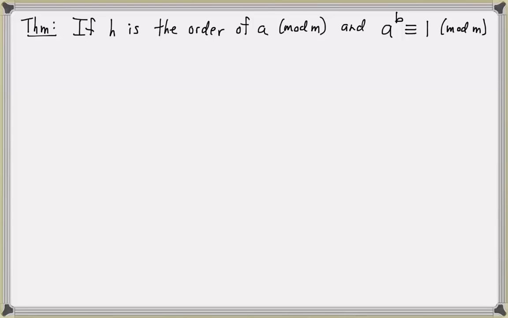So if h is the order of a mod m, and a to some power b is congruent to 1 mod m, then h divides b.